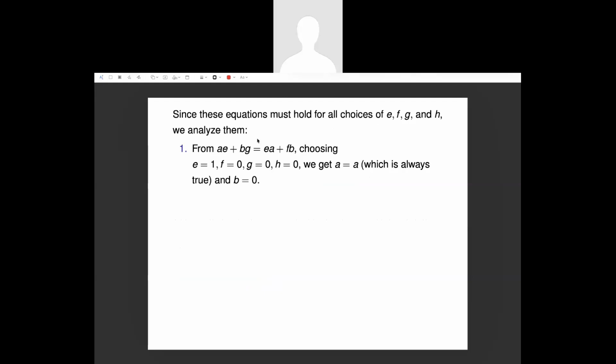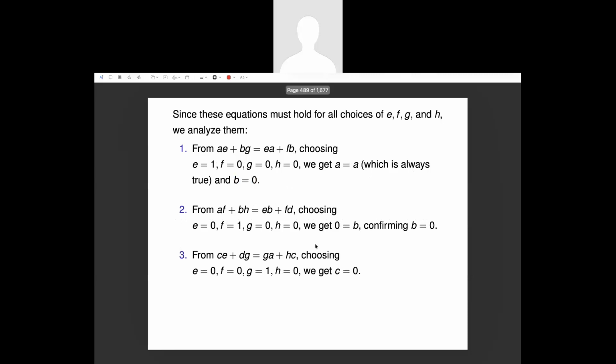Since these equations must hold for all choices of e, f, g, h, we analyze specific choices. First choose e equal to 1, f equal to 0, g equal to 0. So we get a equals a, which is always true, and b equals 0. For the second condition, choosing e equal to 0, f equal to 1, and g and h equal to 0, we get b equal to 0, confirming b equal to 0 from above.